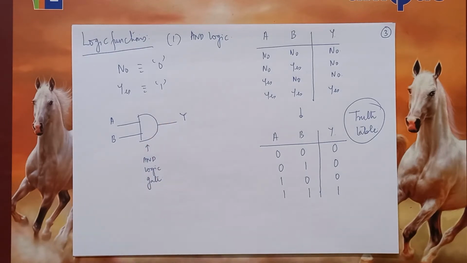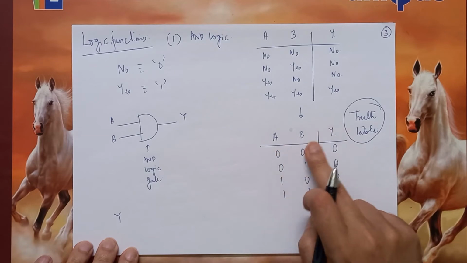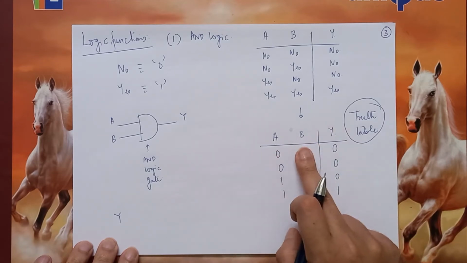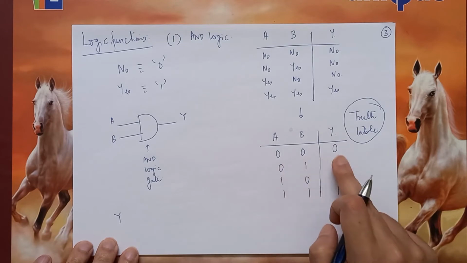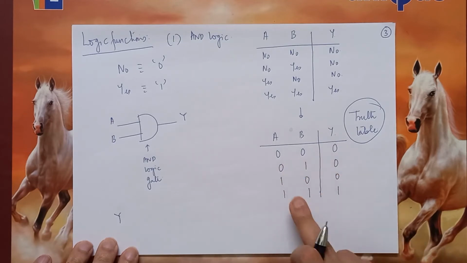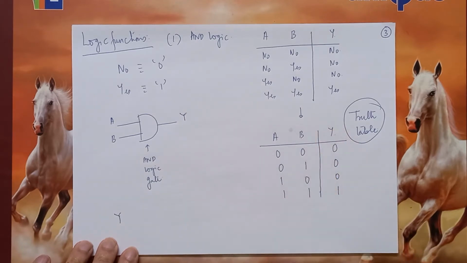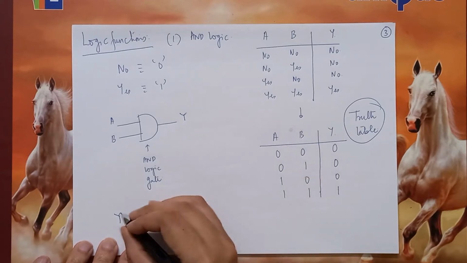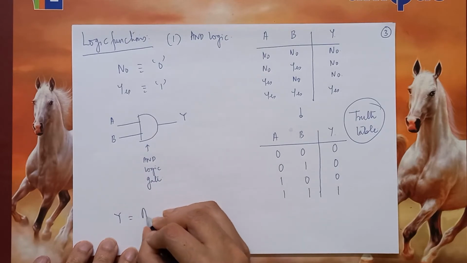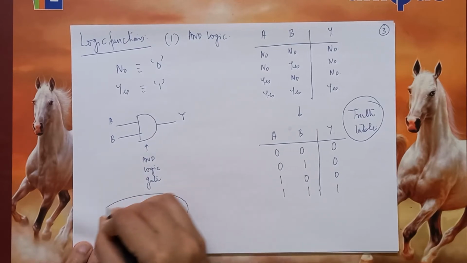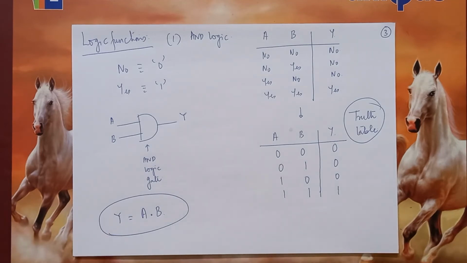And the third way to represent the logic function is using an equation, where if you notice mathematically, this output Y looks very similar to multiplication, because 0 into 0 is 0, 0 into 1 is still 0, 1 into 0 is 0, 1 into 1 is 1. So since this output Y looks very similar to multiplication of these two inputs, this AND logic is represented using A dot B. This is a representation using an equation.